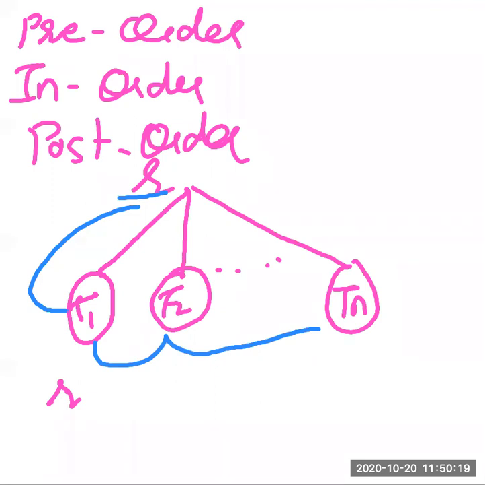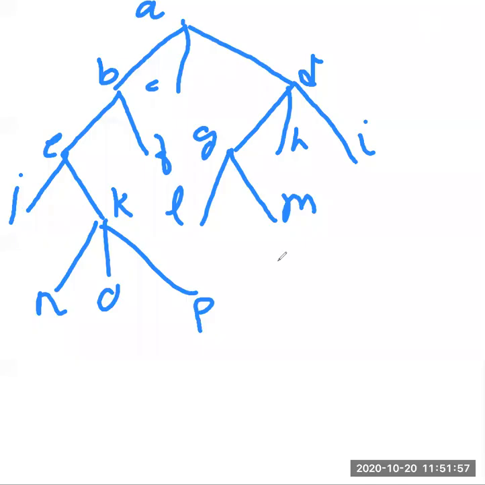We'll take an example on pre-order first and try to understand it. Let us write one small example here. I will draw a tree here. Suppose this is a tree.